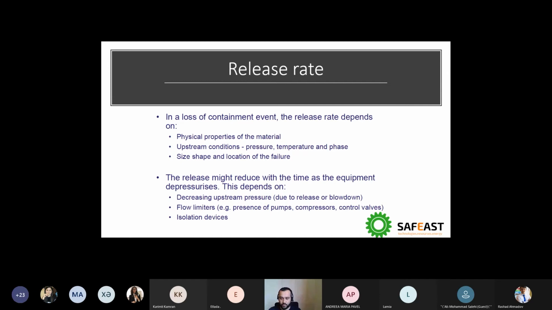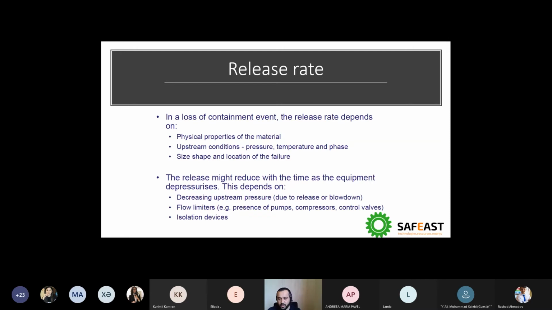Of course this rate depends on physical properties of the material. First of all, it really depends on the material itself. You can imagine that releasing high pressure natural gas is totally different to releasing stabilized crude oil, which is totally different to the release of the service water we are using at our house. So first of all, these are the physical properties of the material.